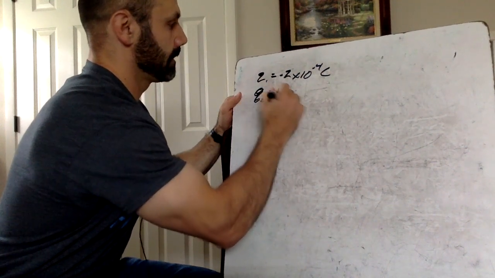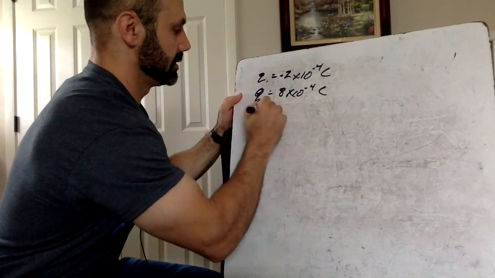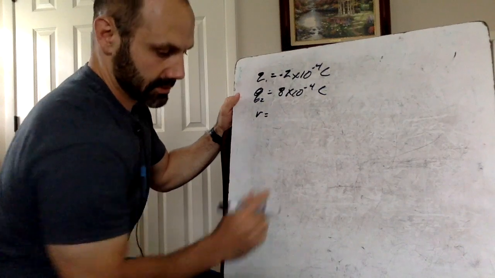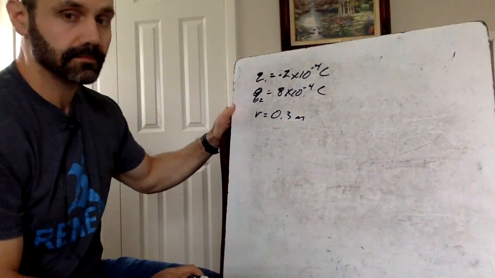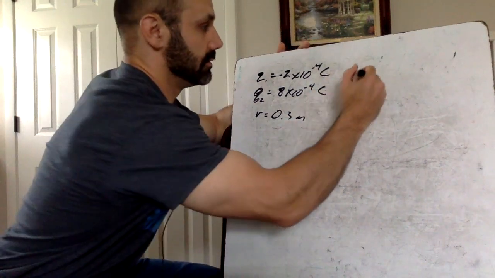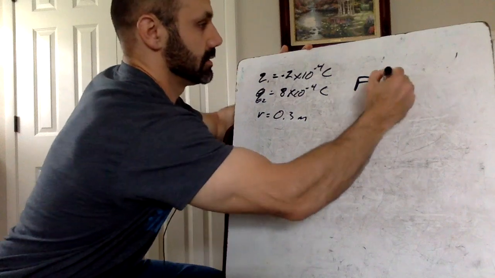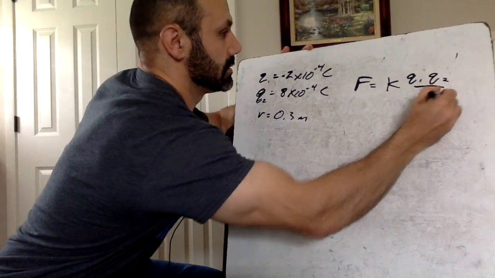Q2 is equal to 8 times 10 to the -4th coulombs. And R, the distance between them, is 0.3 meters. After this, it's really just plugging the numbers in. So you've got F equals K Q1 Q2 over R squared.